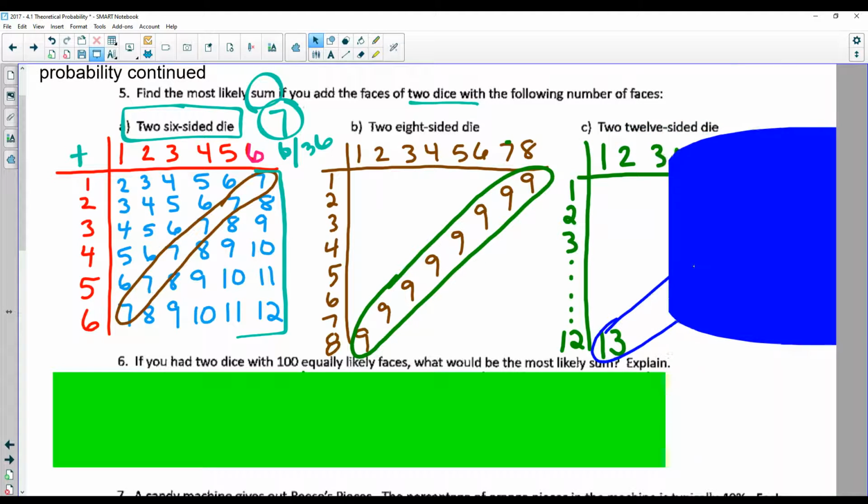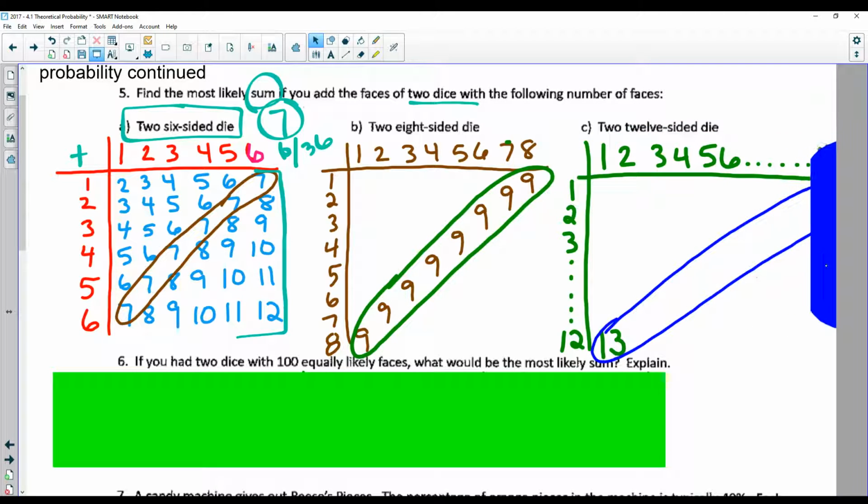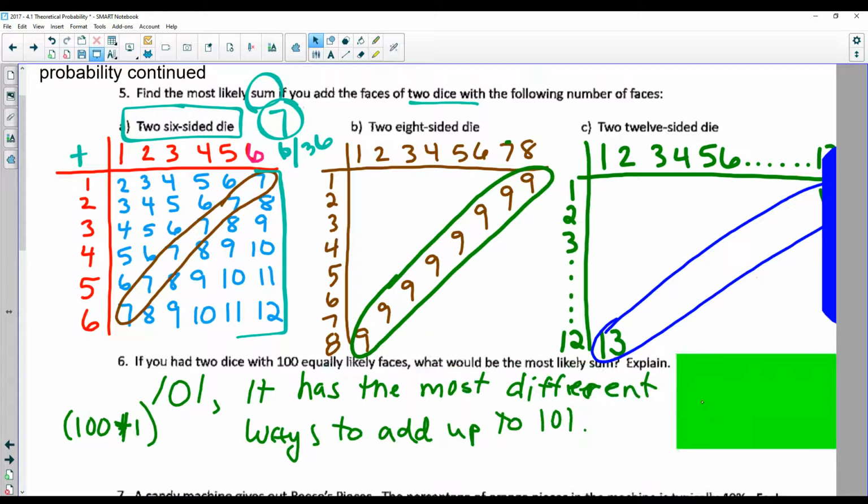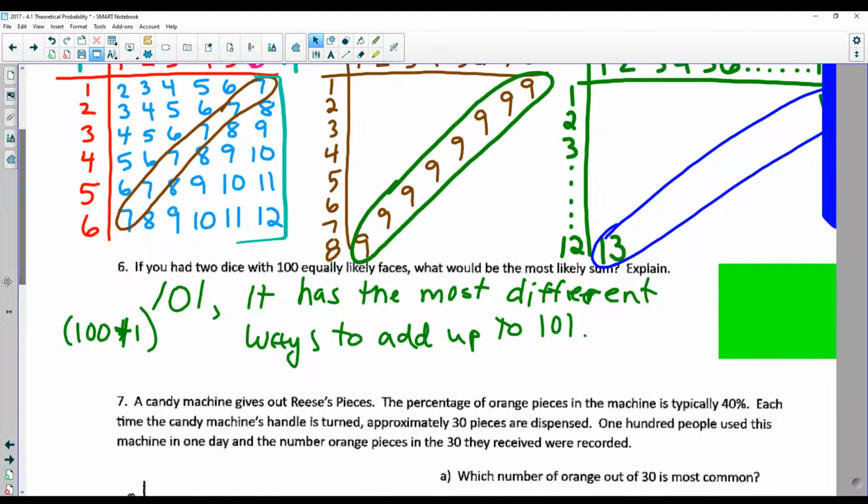All right, if you're thinking ahead, you should know the answer here. If you have two 12-sided dice, this answer would be a 13. Well, we're not done yet. If you had 100 equally likely faces on a die, well, then 101 would be the most likely sum that you would get in your sample space.